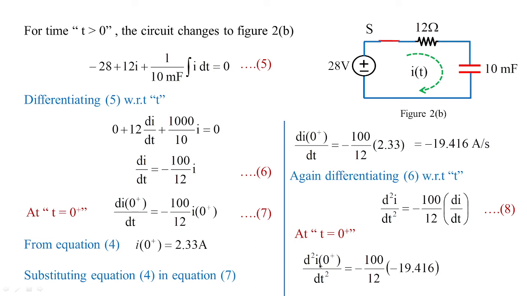Just substitute the value: minus 100 by 12 multiplied with di of 0 plus by dt, which is minus 19.416 amperes per second. We get 161.8 amperes per second square. So this is how we solve the problem under an RC circuit when the transient switch is applied across DC.